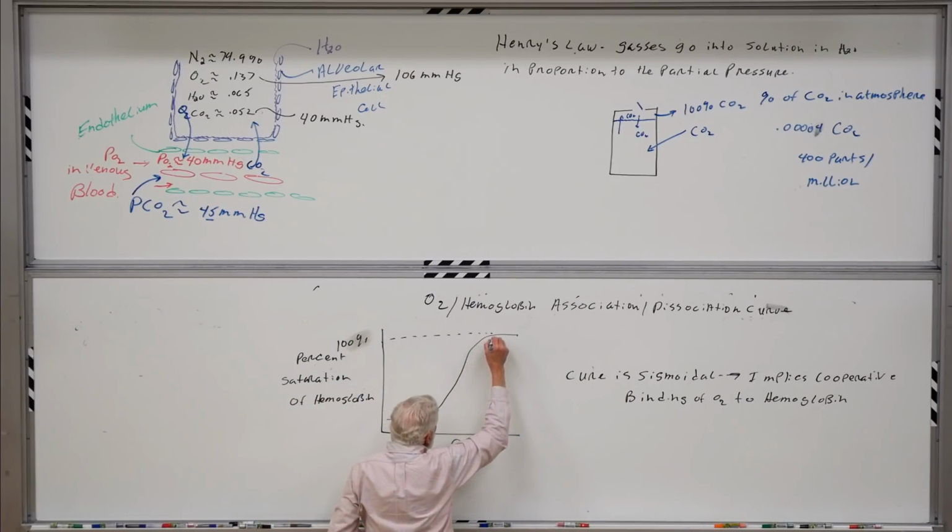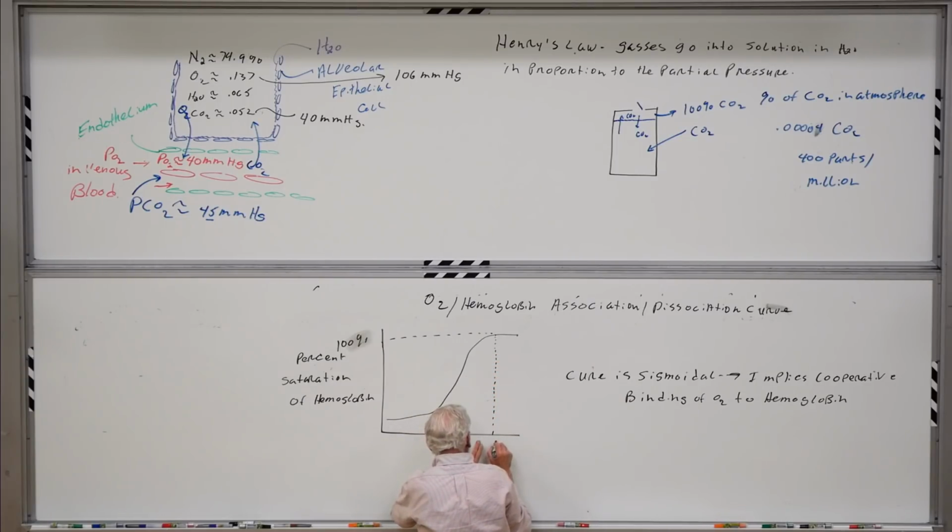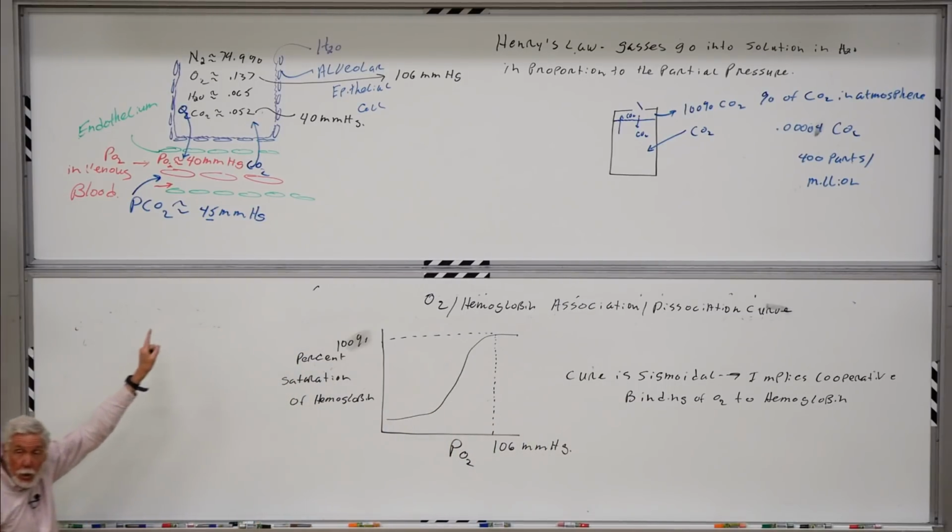If we follow this down from 100%, we see at this point we are at about 106 millimeters of mercury. No surprise that that's pretty much the partial pressure of oxygen in the alveolus.